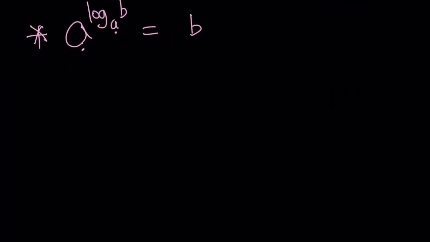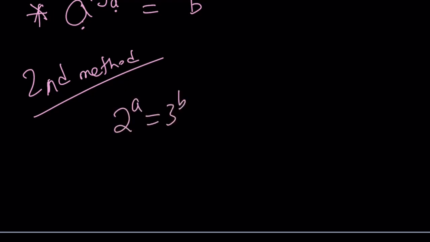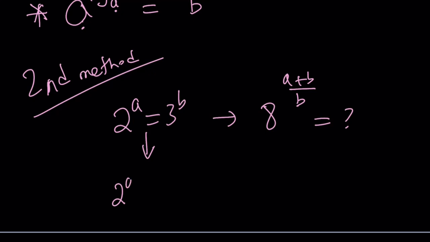Okay, let's take a look at the second method real quick, and then we'll finish up. A lot of times this is true, the second method is actually a little smarter. It's a better method, or it's shorter, whatever. So here's what we're going to do. First of all, we're going to raise both sides to the power 1 over b.